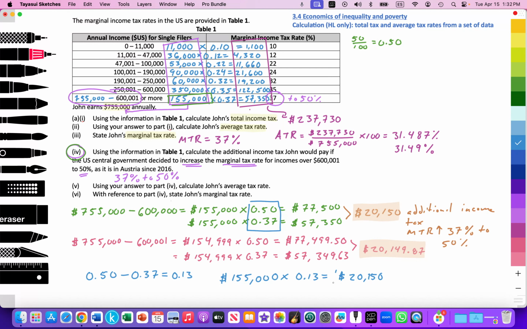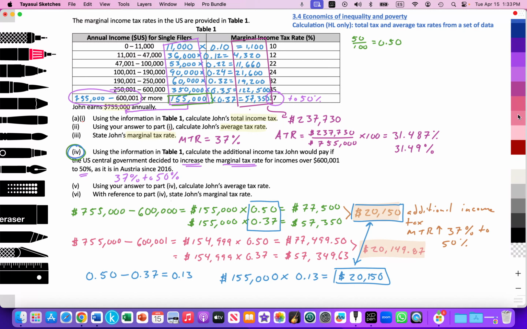So I've calculated it correctly. This amount is the same as this amount. So those are two approaches to calculating. This is a little bit faster, maybe a little bit less work, but that's still fine. So great. We've calculated question 4. Excellent. Now let's move on to question 5.